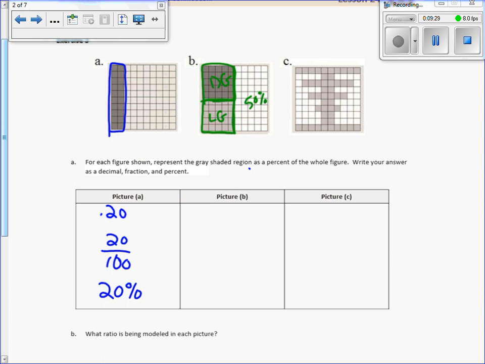So if we're talking just the shaded region, not dark or light, but all shaded, light and dark combined, then that would be 0.50 as a decimal, 50 100ths as a fraction, and 50% as a percent.